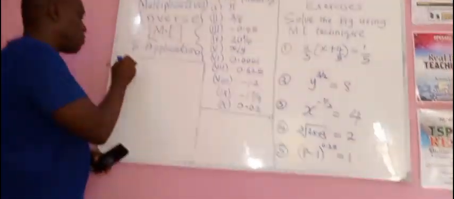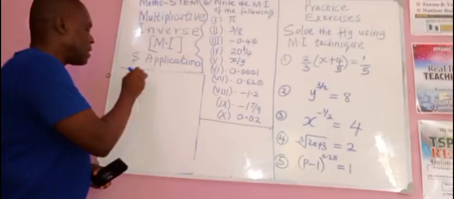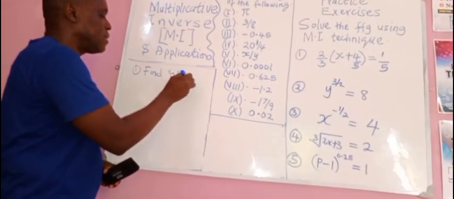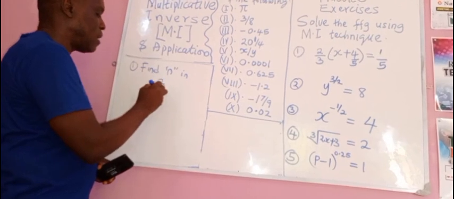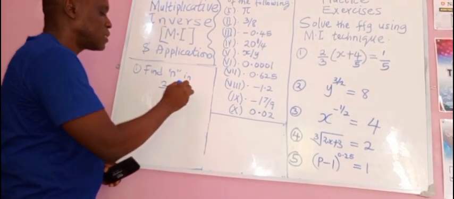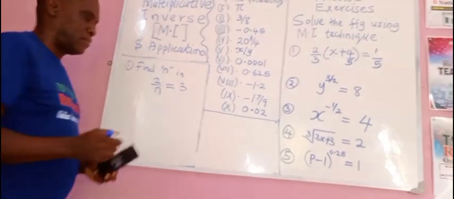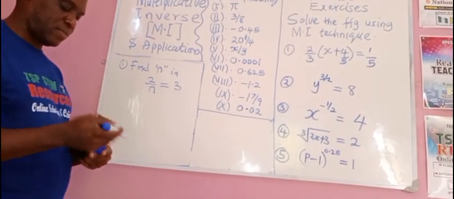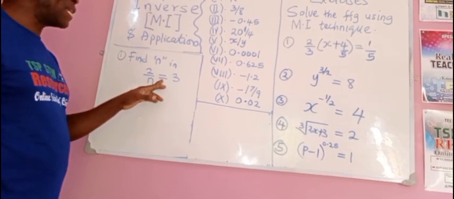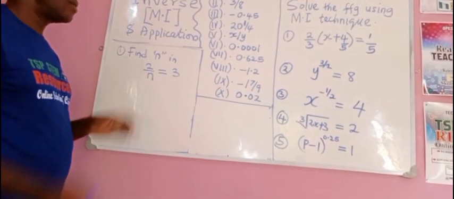For example, example 1. Find n in 2 over n equals 3. If I say to find the multiplicative inverse of n here.